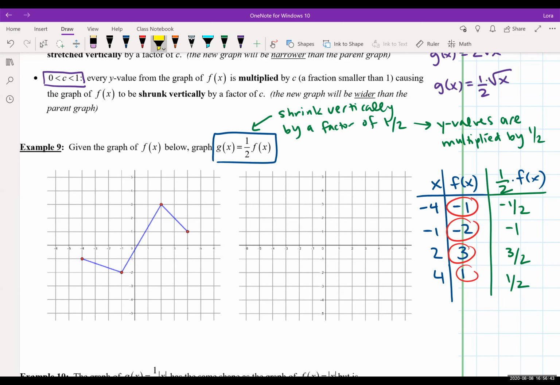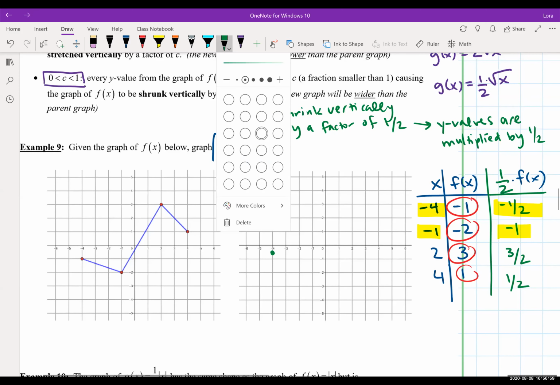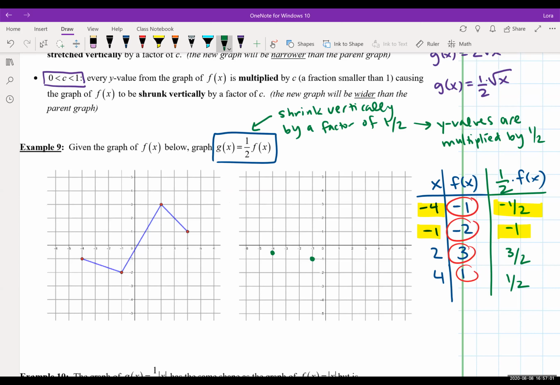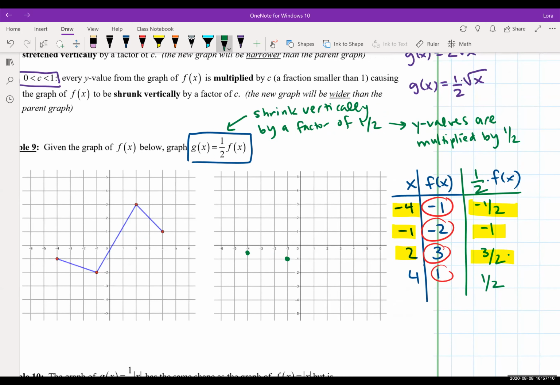So I'd be graphing, the x values have not changed. So -4, -1/2, we would see, okay, should be somewhere in between. -1, -1, our new point. 2, 3/2. And just remember, sometimes 3/2 is not friendly. That's really like saying 1 1/2. So 2, 1 1/2.